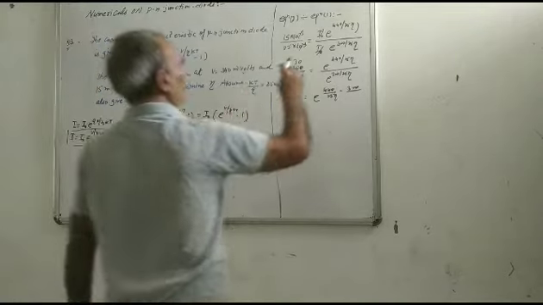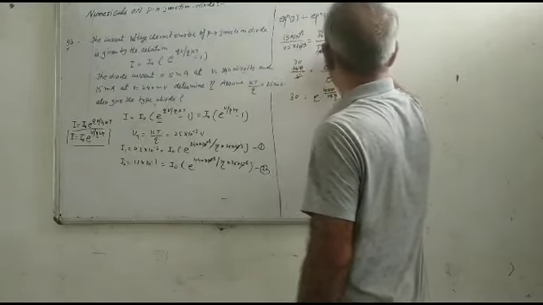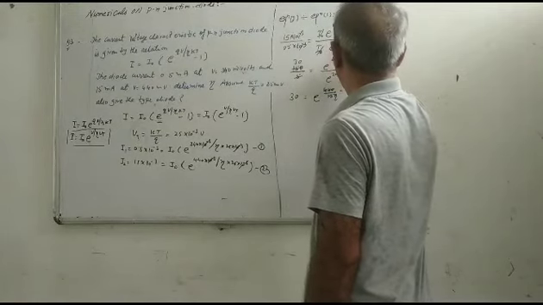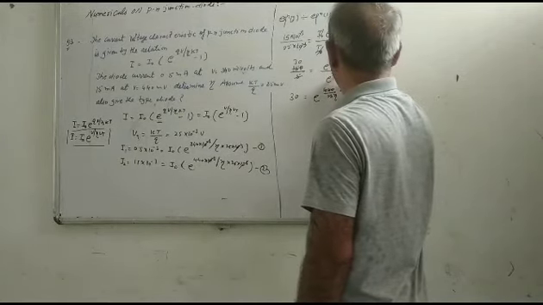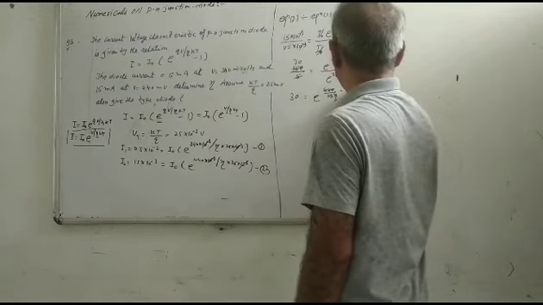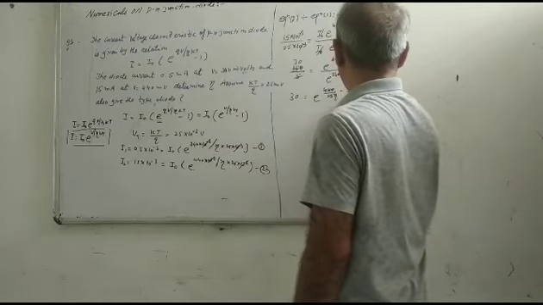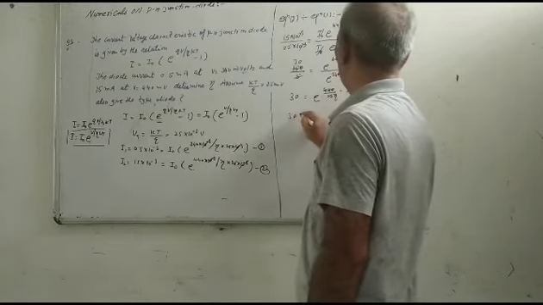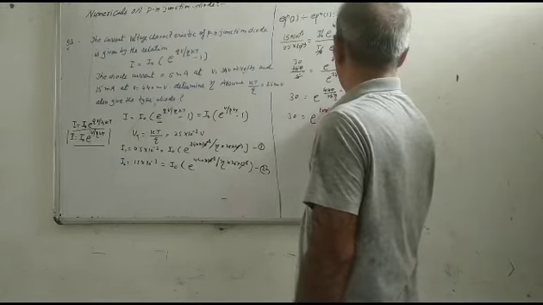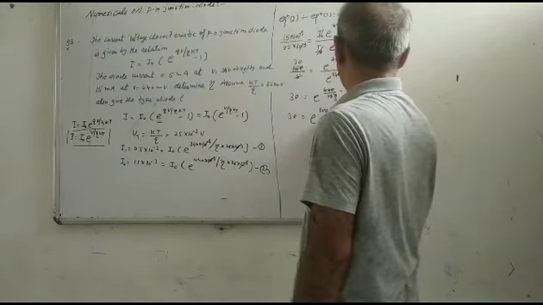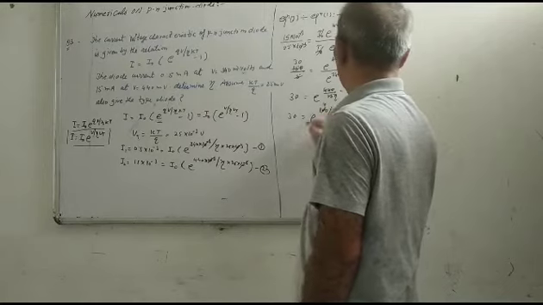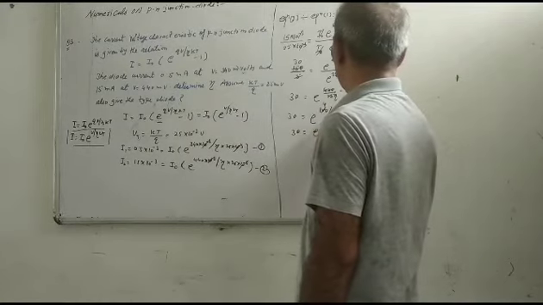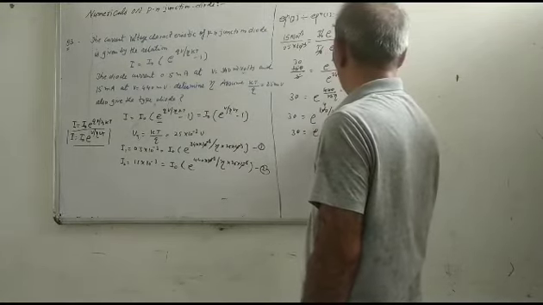This is 340 volts, and this is 340 by 25 eta. So 30 is equal to e to the power 100 by 25 eta, so 30 is equal to e to the power 4 upon eta.